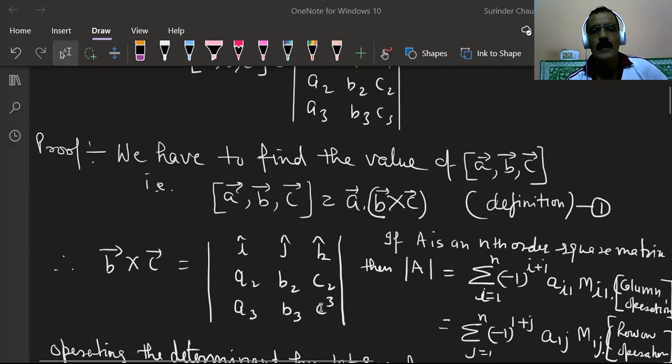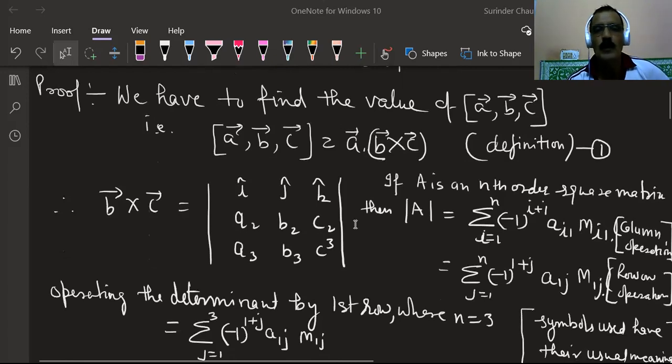And for the solution of the determinant, let me give you the generalized definition to find a determinant by operating by any row or by any column. So I am giving you by operating the first row or first column. If I consider an nth order matrix, then determinant of A, operating by first column, is equal to summation I from 1 to n of minus 1 power I plus 1, AI1 MI1.